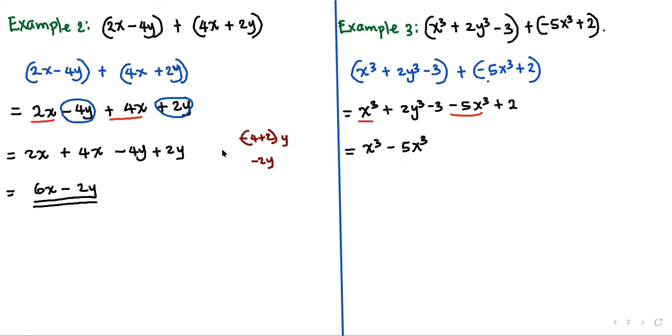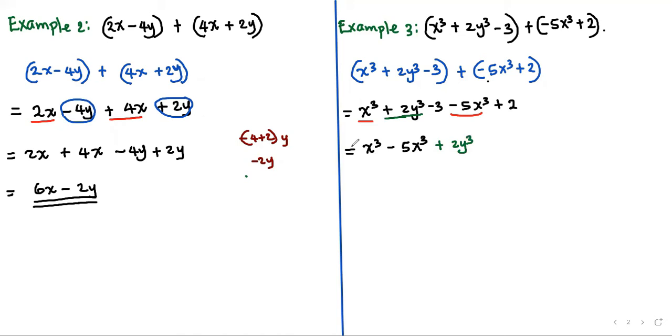So next, we are having 2y cubed. But for this one, we don't have any y cubed. So let's write it alone. So we write plus 2y cubed.